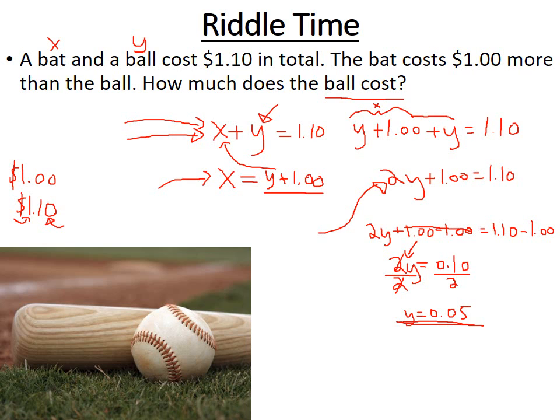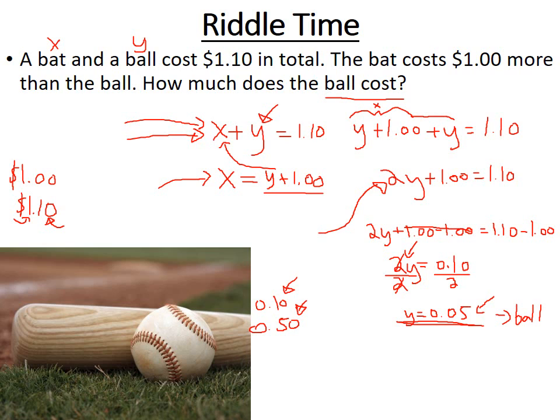So anything in a decimal is a cent. So here we have 5 cents. If you just had 0.10, that's 10 cents. If you had 0.50, that's 50 cents. So to actually get 5 cents or 9 cents, you have to have 0.05. So we know now that the Y, which is the ball, is 5 cents.